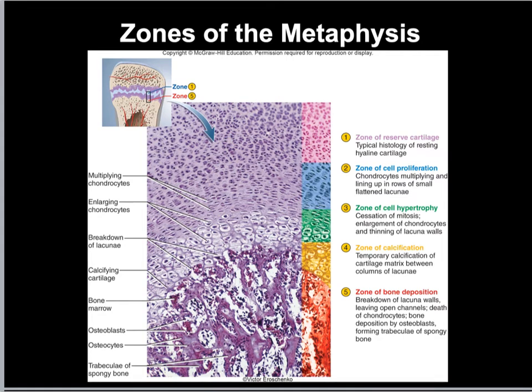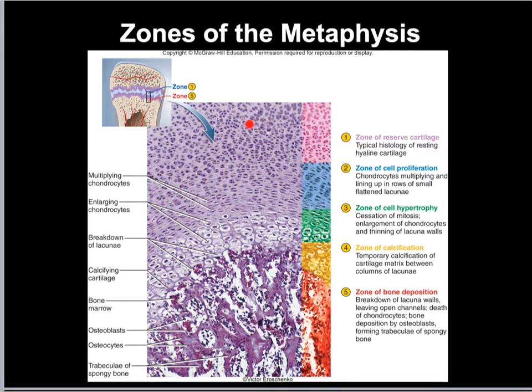And there are 5 zones in our growing metaphysis. Up here at the top is a thin area called the zone of reserve cartilage.